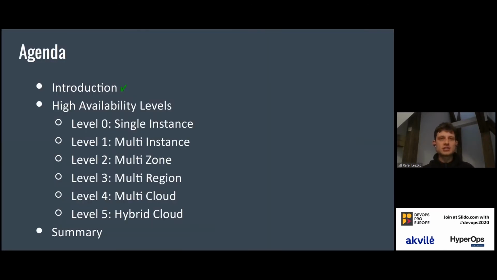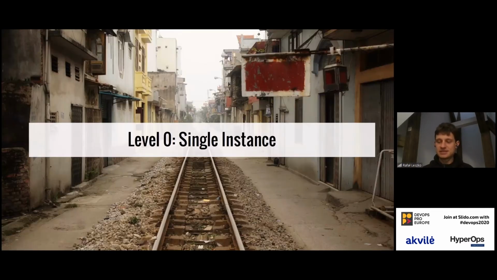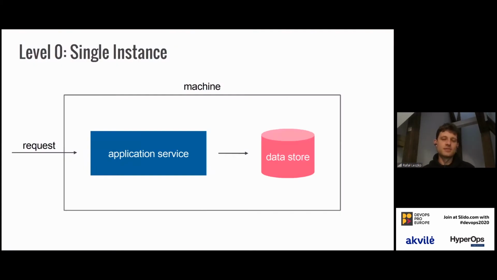With this short introduction, we can move to what I call level 0, which is a single instance. A single instance means your system is not highly available. It's like your developer environment: you run everything on your single machine, your application, your data store, and everything. You may think, what the hell?